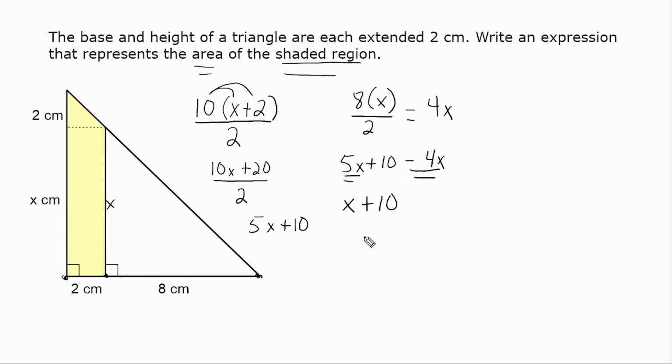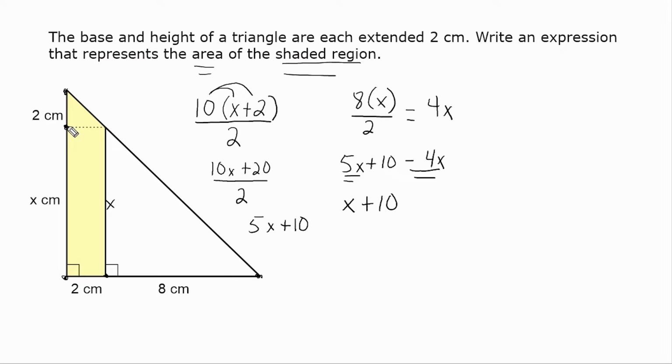Now, there is another expression that we could have written that would also represent the area of the shaded portion. What we could have done is look at the shaded portion as a rectangle with this small triangle sitting right on the top. So if we take a look at the small triangle here, we can see that its height from here to here is 2 centimeters.